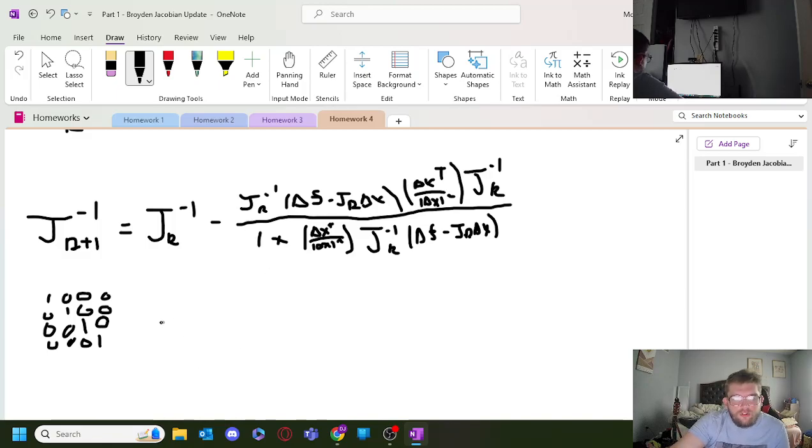So what the numerator is left with now is J sub k inverse change in F minus delta x, multiplied by delta x transposed over the norm squared, times the original inverse one more time.